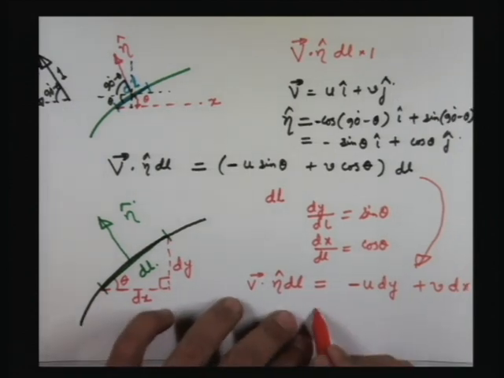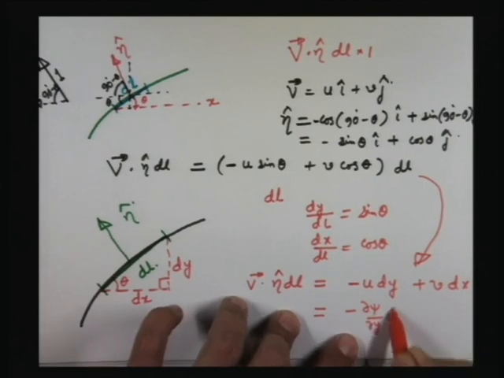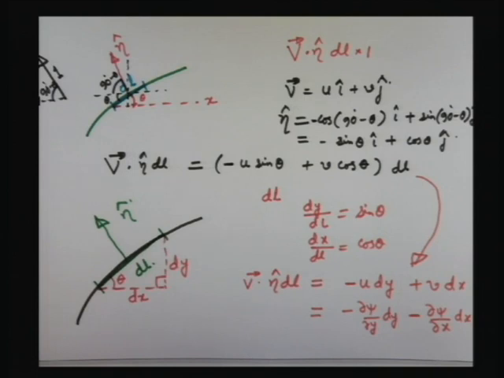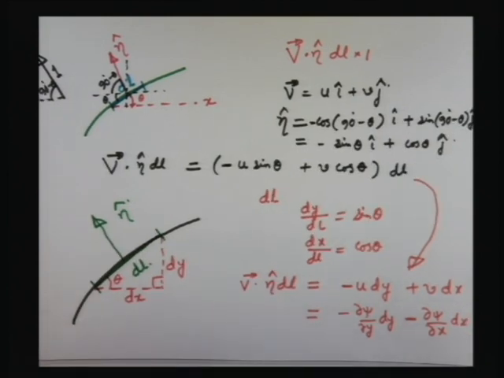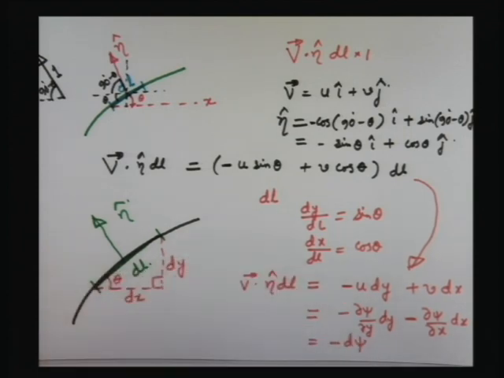So this is equal to, u is equal to del psi del y and v is equal to minus del psi del x. Okay. So this is minus del psi del y dy minus del psi del x dx. The plus or minus sign depends on the sign convention, that is not very important. So this is at the end minus d psi.